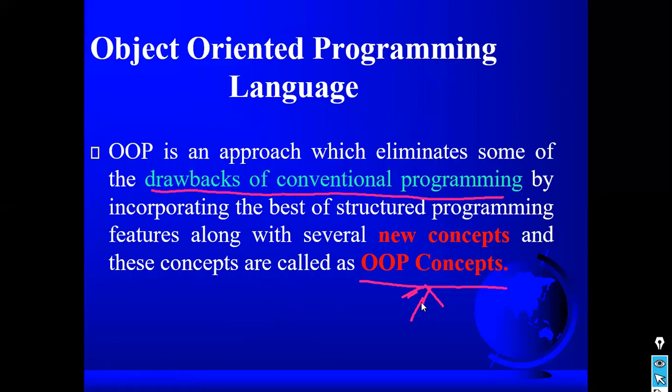In object-oriented programming language, the problem is not decomposed into functions, but into objects. The major advantage of decomposing the problem into objects is that we have control over the data, and the data can be hidden.